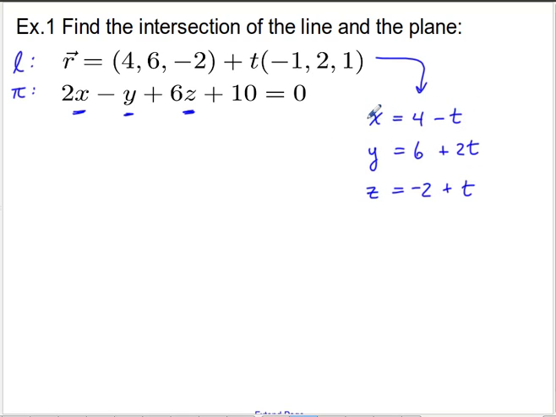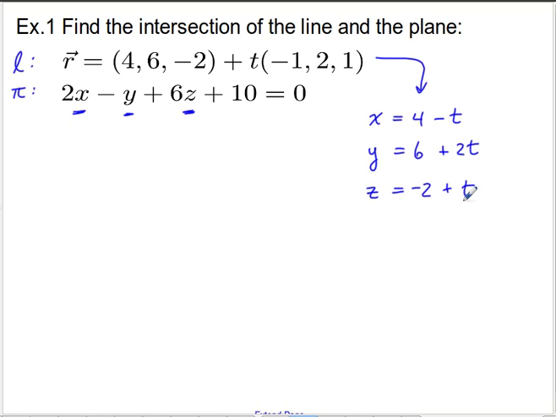Now that I've done that, I'm actually going to sub these in. So I'm going to sub in x, I'm going to sub in y, and I'm going to sub in z. Now I'm not doing this blindly. Yes, you see an opportunity here, but I want you to think about why that is a good idea. By substituting in my parametric equations, this Cartesian equation is going to get rid of the x, get rid of the y, get rid of the z, and we're going to end up with a single expression in terms of t, which I can then solve.